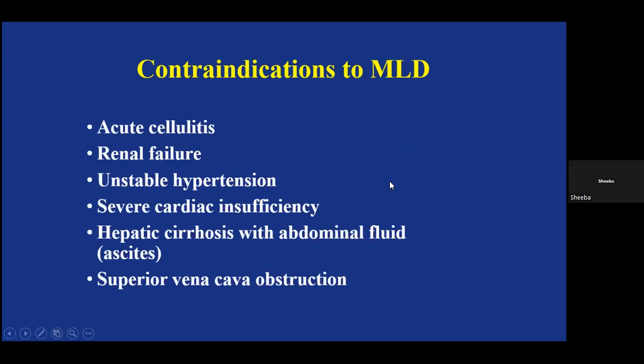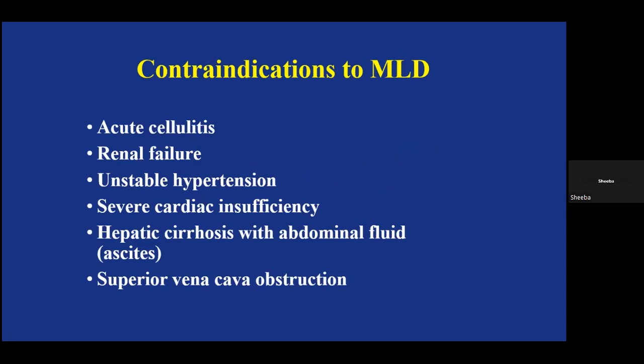So there are some contraindications for manual lymphatic drainage. If the patient has acute cellulitis, you should not do any active management. You have to manage the cellulitis first, and then you can move on to manage the lymphedema. If the patient has severe renal failure, always keep in mind we are going to push the extra fluid.